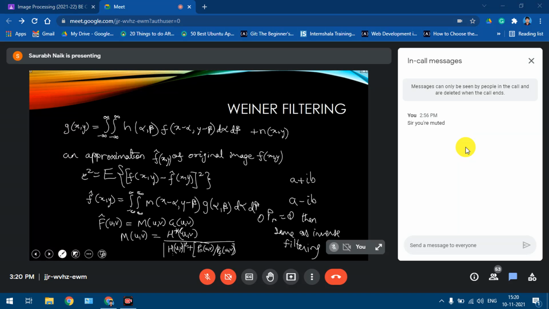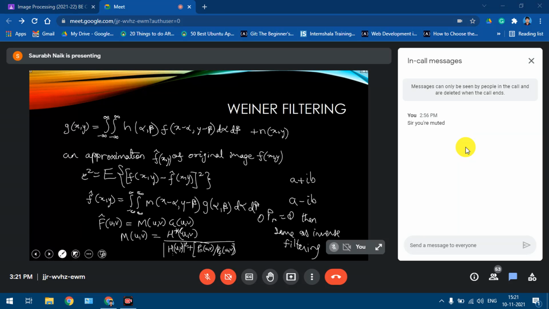That is how you find out the mean square error. What we want to do in Wiener filtering is minimize this mean square error between the approximated image and the original image. So when this mean square error is minimum, we can say that our approximation of this image is very close to the original image.